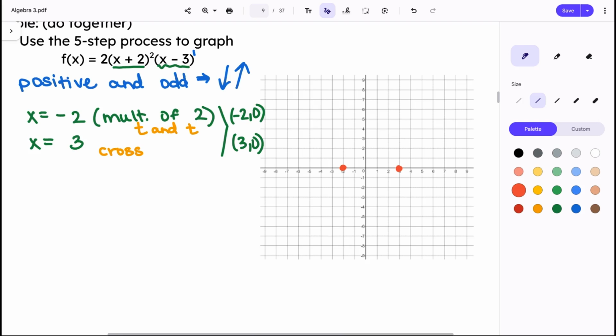Okay, now let's think about the y-intercept. To find your y-intercept, you're going to plug in 0 for your x's and then solve it. So I'm going to take 0 in for that first set and 0 in for the x on the second set too, and I'm going to solve for that. You can use a calculator to help you if you don't want to do that mentally. But this should come out to be -24.